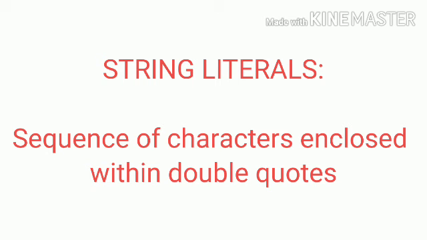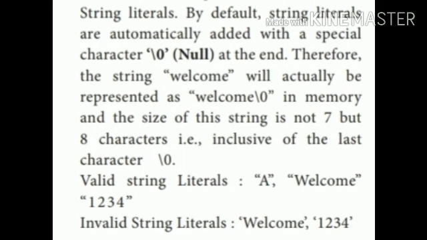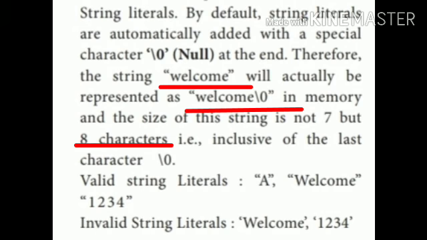The next type of constant is string literals. It is a sequence of characters. A string should be enclosed within double quotes. The last character of a string is the null character, that is \0. It is also one of the escape sequence characters.